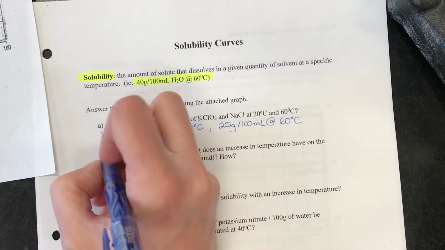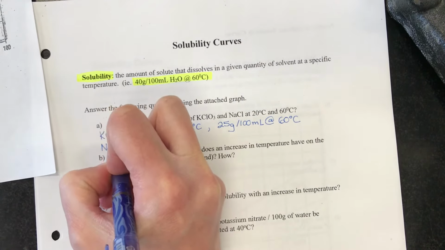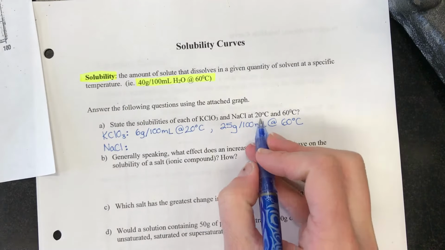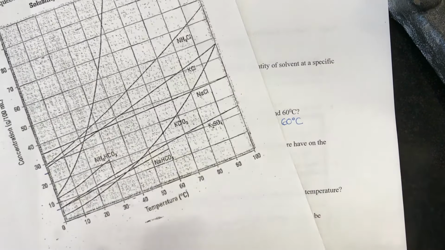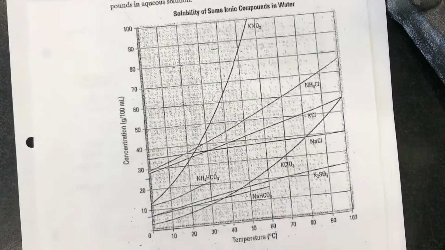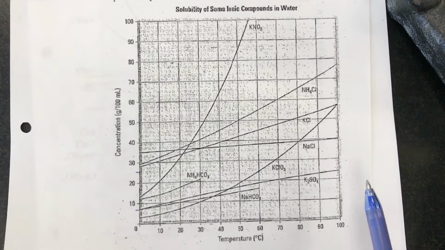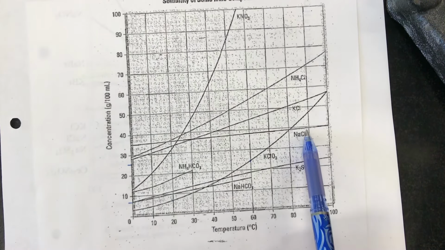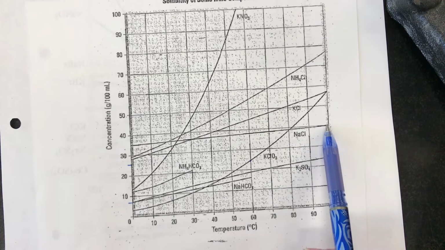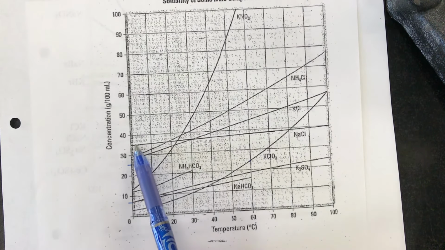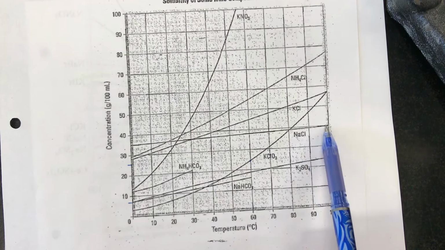So we're looking at sodium chloride this time. So NaCl, again at 20 and 60 degrees. This is going to be a lot of practice using the solubility curve. So we have to find the curve for sodium chloride. Sodium chloride's right here. So it's this one. It's pretty straight. It goes up a little bit here.